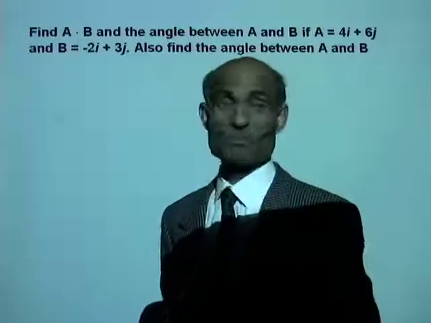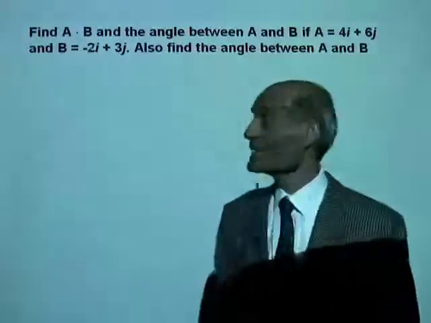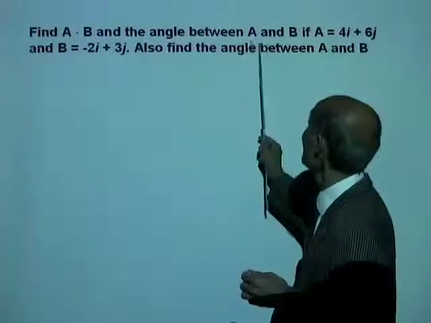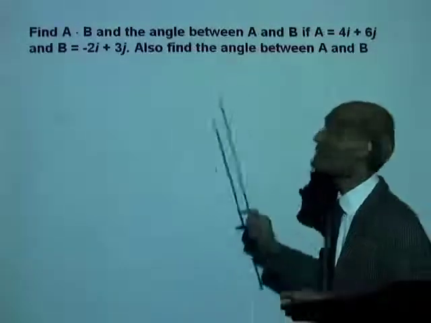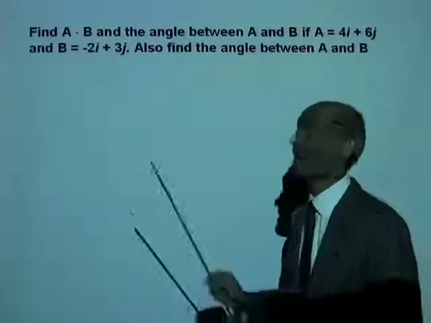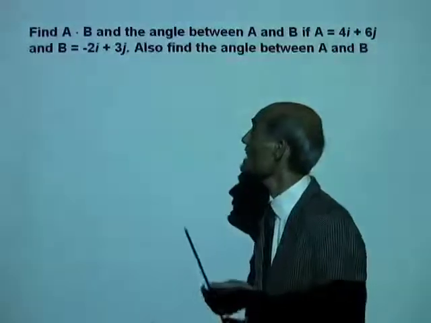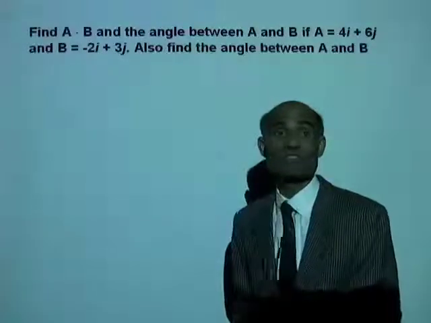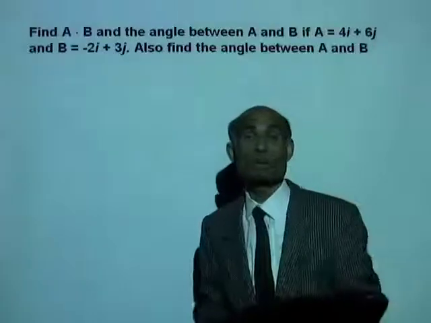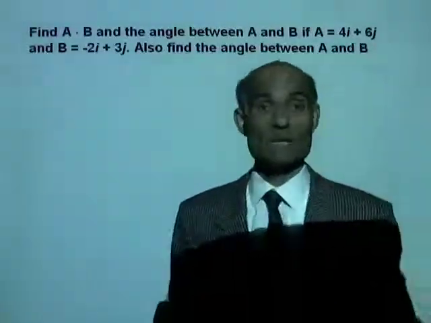Let's do a small problem. Find A dot B and the angle between A and B if vector A is 4i plus 6j and vector B is negative 2i plus 3j.